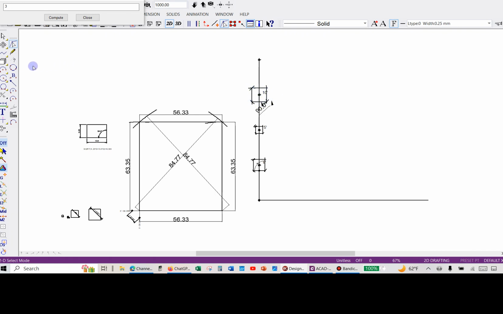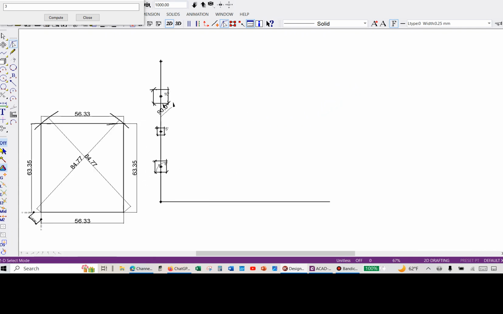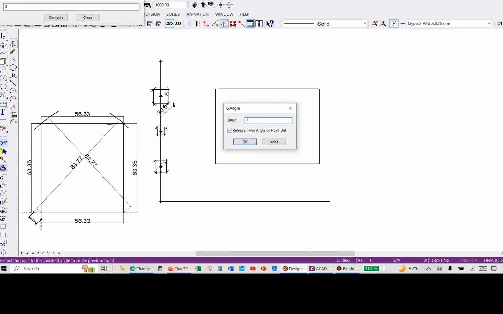Let's say you had a footing that was at an angle, and you want to know something like this.